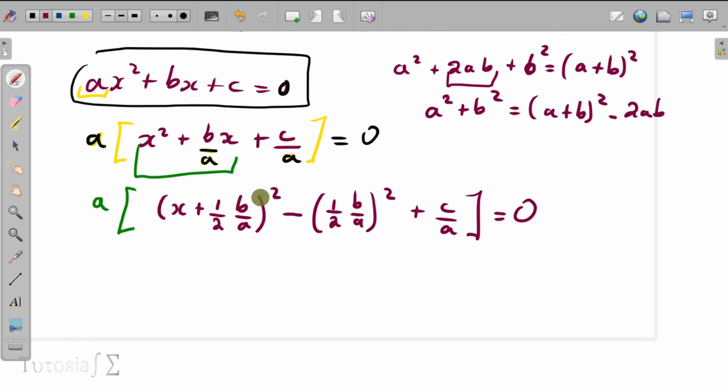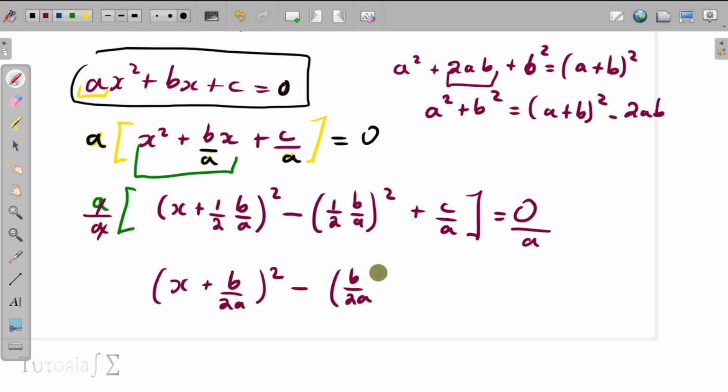And this is the main stage of completing the square. What you just do is divide by whatever coefficient is there, throughout, so that it cancels, and you have the brackets here. So we have x plus b over 2a, that is 1 times b, 2 times a, 2a, then squared, minus the same thing here, b over 2a, then squared, plus c over a equal to 0. 0 divided by a will be 0.